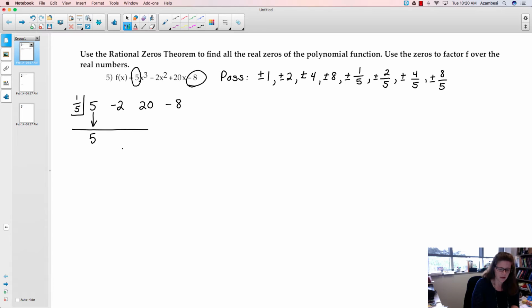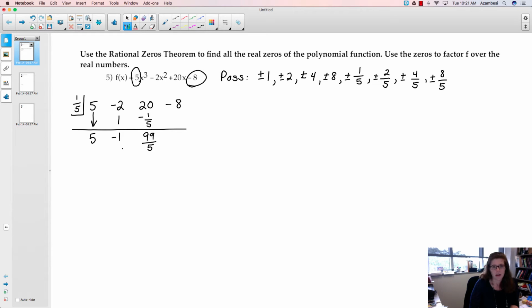Process is drop down the 5, multiply across. So 1/5 times 5 gives me 1. Adding that second column, -1. 1/5 times -1 gives me -1/5. If I were to convert 20 into fifths, 20 is 100 fifths. So 100 fifths minus 1/5 gives me 99 fifths.